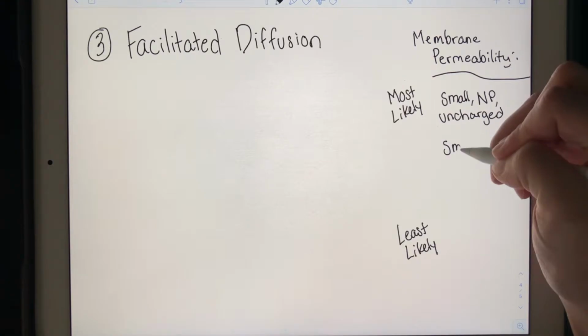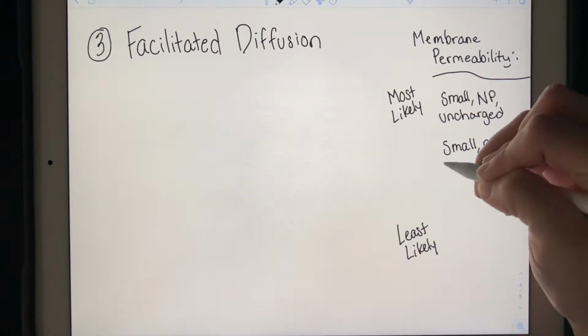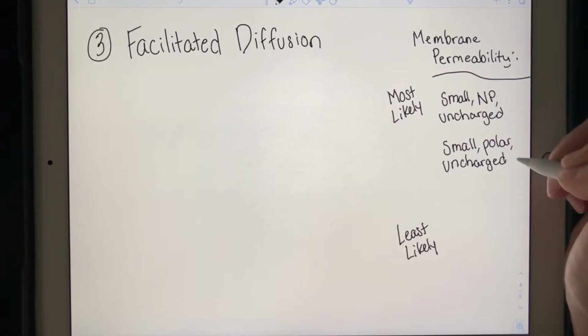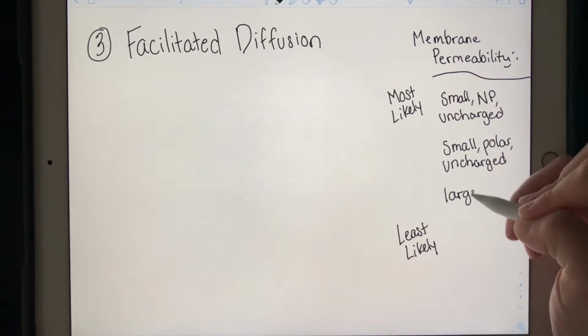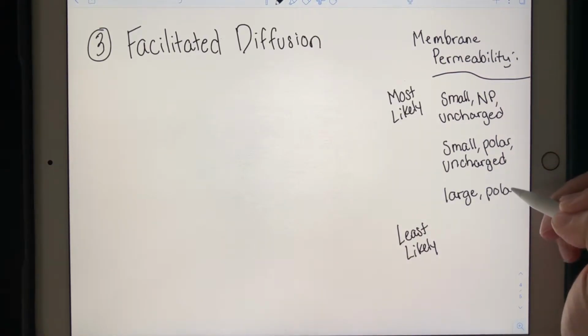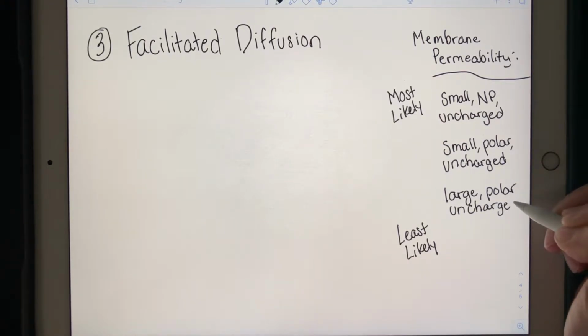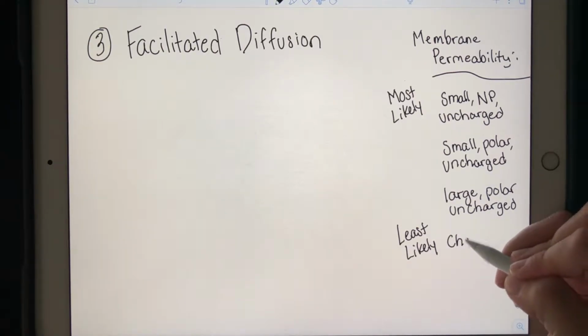Then we had small, polar, and uncharged, a little bit less likely. Then we had large, polar, and uncharged. Now you're also having size becoming an issue. And the least likely were those charged ions.